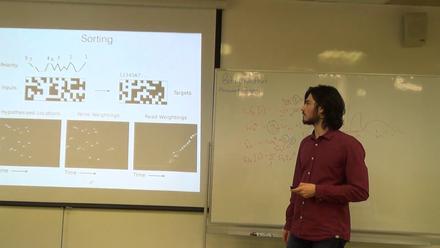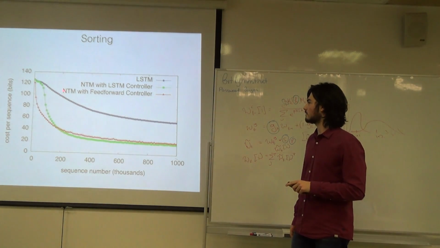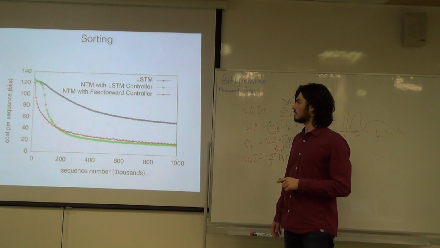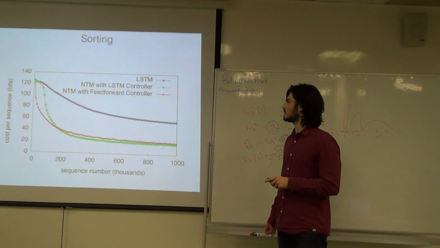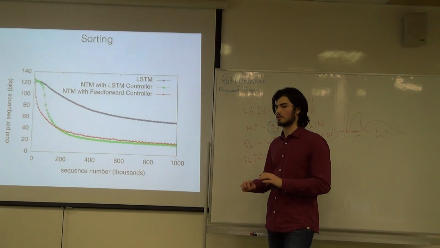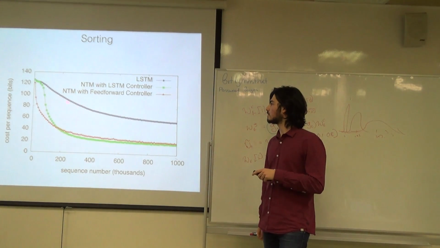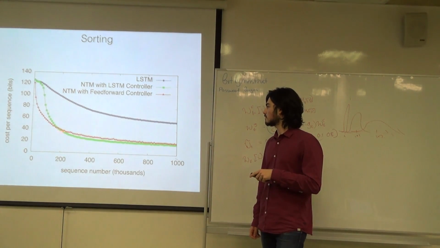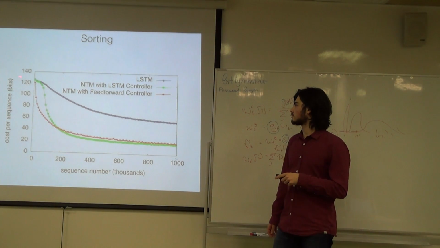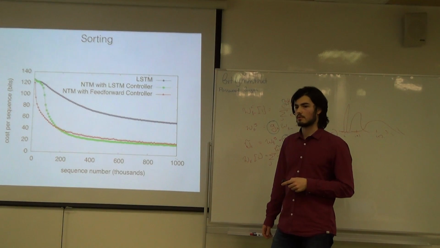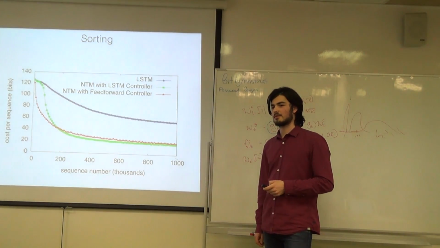Okay. And so, the image from the paper, again, the LSTM network fails. Well, it does something useful, but the bit error rate of 120 is complete nonsense. It's like generating a random output, and this one is pretty great. So the cost of 20 is a good result. But can we always sort 10 numbers or 100 or 1,000 numbers?